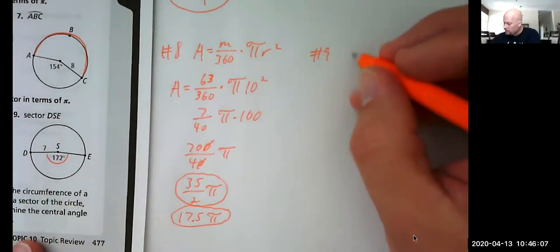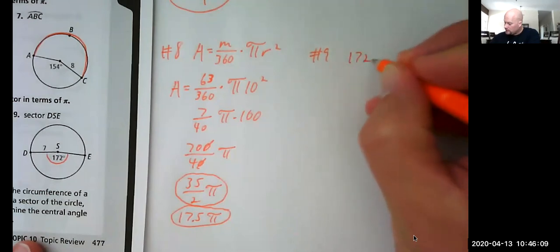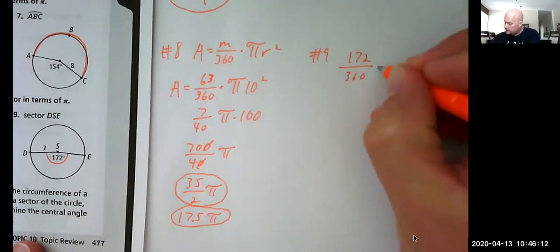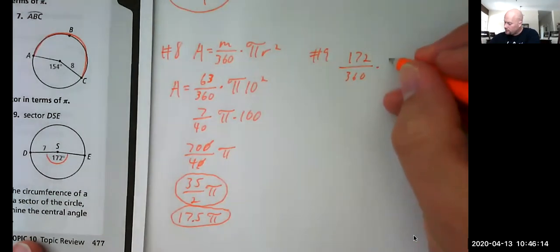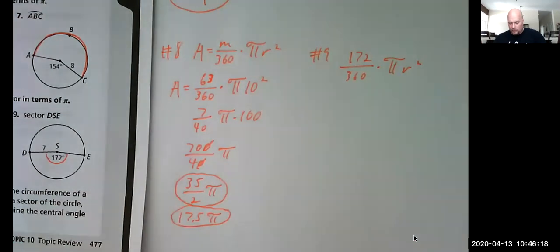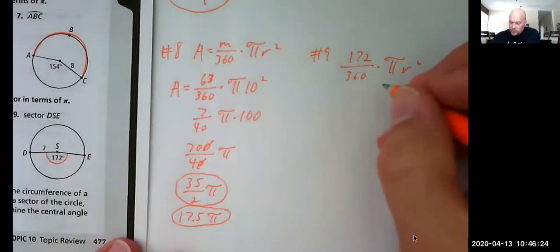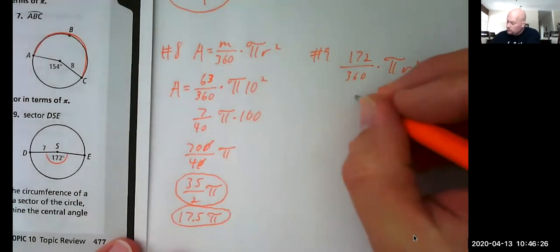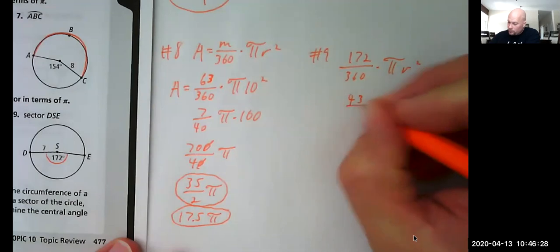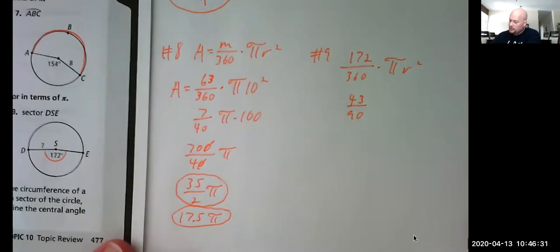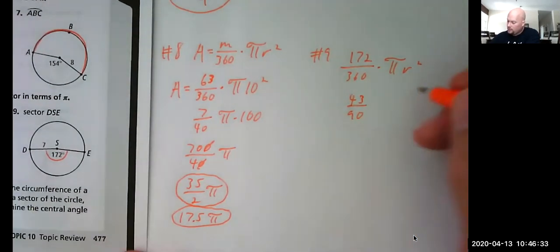So we have 172 over 360 times pi r squared. So 172 divided by 360, we could simplify that down to 43 over 90. We divided both of those by 4.